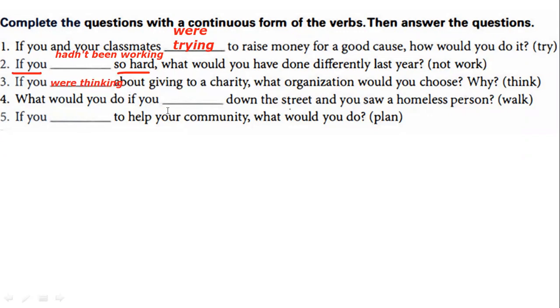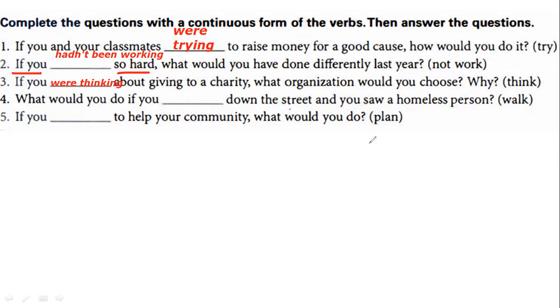Hadn't been walking. Hadn't, in past, I think, because the second one isn't past. The second one, which one? A homeless person. Is this in past? No. I'm confused.